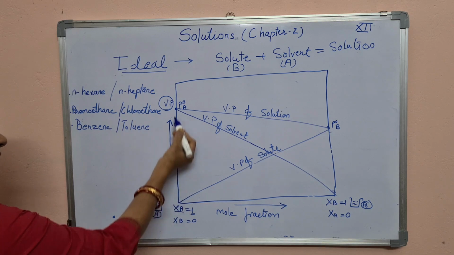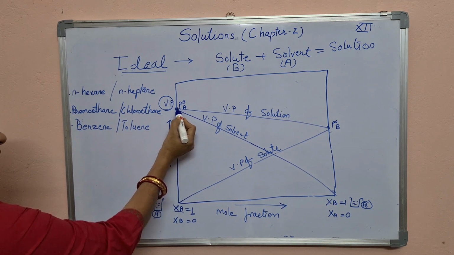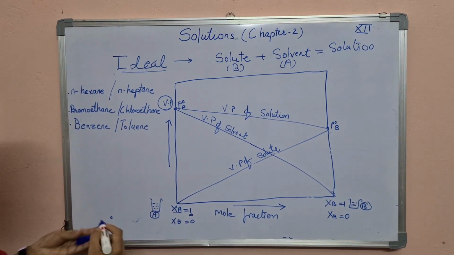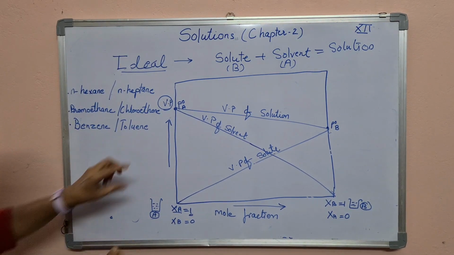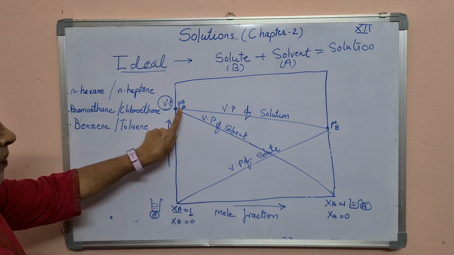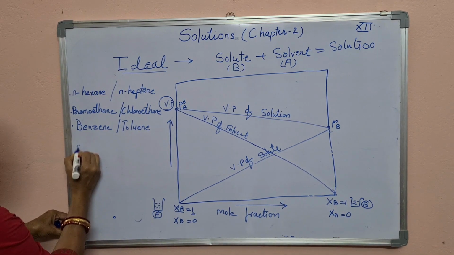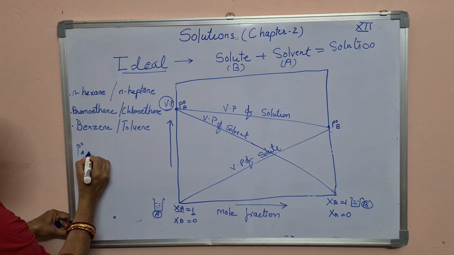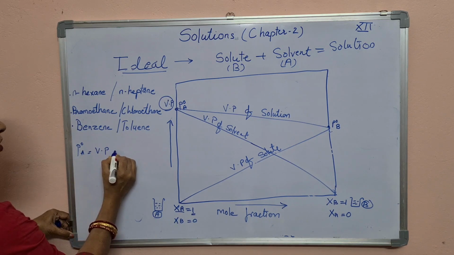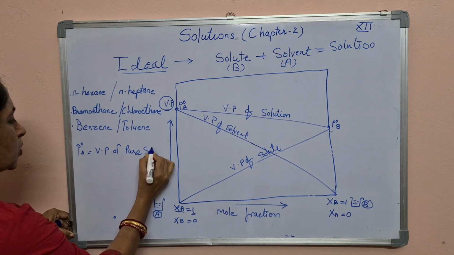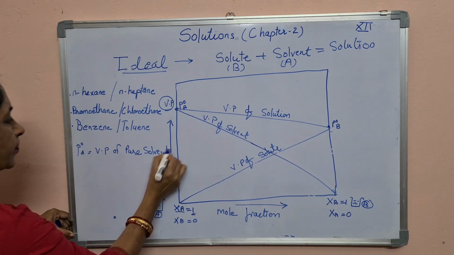So at this point whatever the pressure is measured, it is only because of solvent in its pure state. That is represented by P naught A, the vapor pressure of pure solvent.